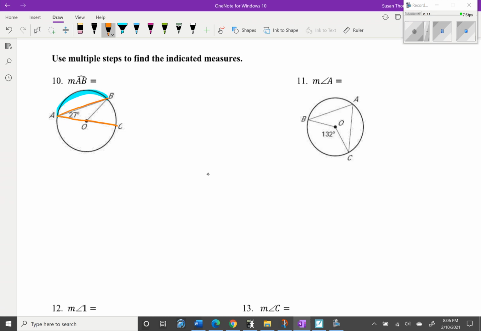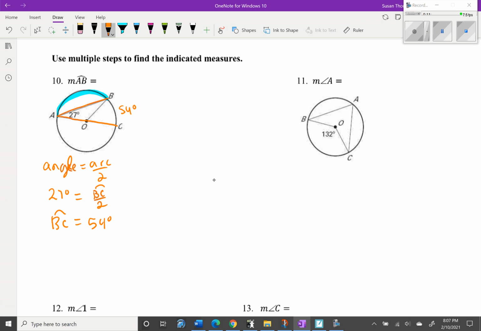Remember that the angle equals the arc divided by 2. So 27 degrees equals arc BC divided by 2. If I multiply that by 2, we get arc BC is equal to 27 times 2, which is 54 degrees. So now I know this is 54 degrees.